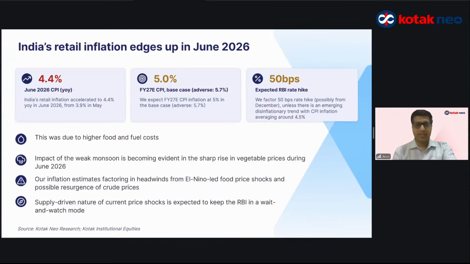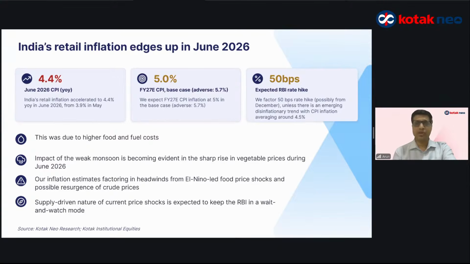Now, going forward this year for FY27, we look at the retail or CPI inflation number to be around 5%. Now, this is pretty much higher than what we saw last year, but the base again is a low one. And then again, we are seeing some escalation in some of the commodity prices and also weaker monsoons.